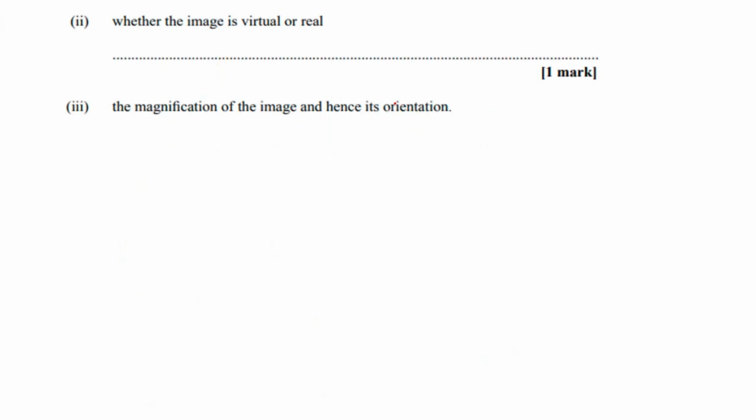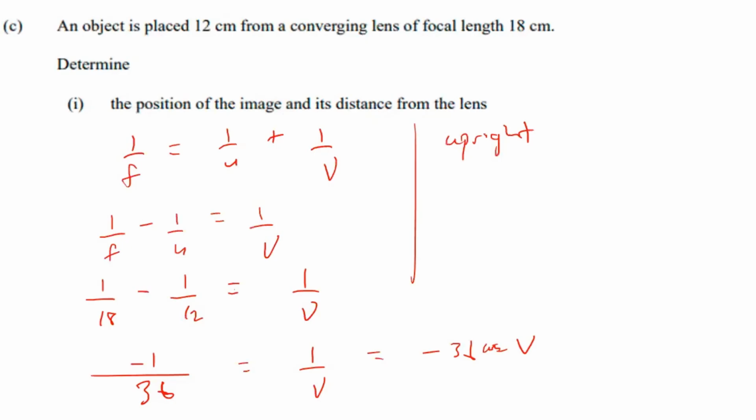The orientation now would be speaking about upright or inverted. So we need to go back a bit to understand what they mean by the position of the image. Anybody have any idea as to what they might think about the position, or what they might mean?